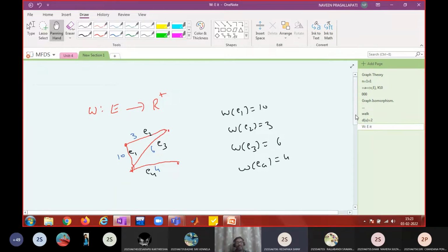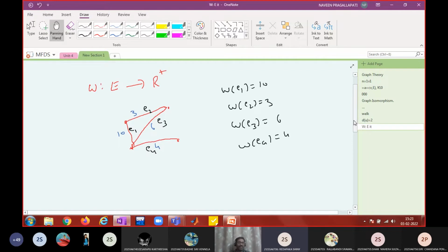Now, obviously, it is a very important concept, because you may want to find the shortest distance between two nodes. If you want to go to some tourist place by car, obviously we'll see Google Maps and see which path is the shortest path to go there.